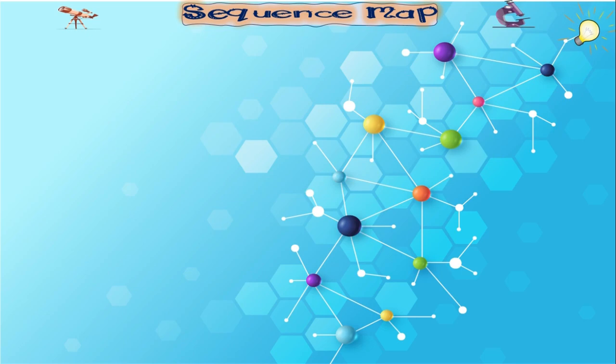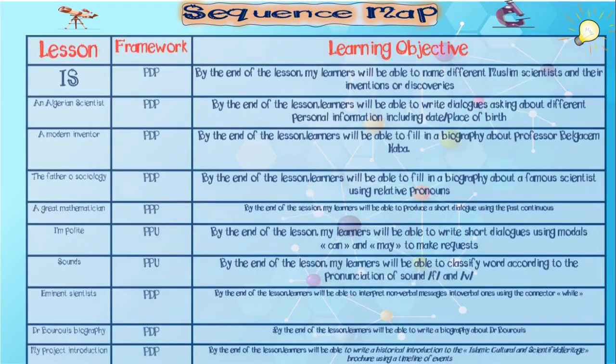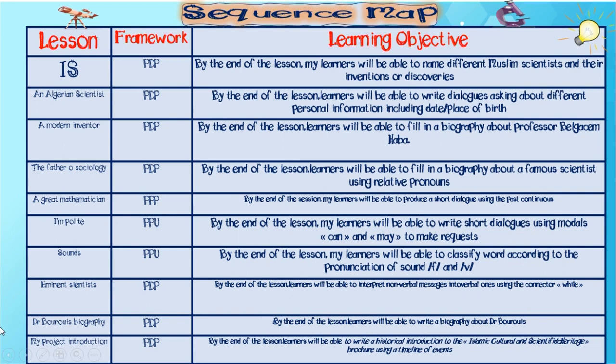Alright, we're going to start with the sequence map. As you can see here, we've got 10 lessons in this sequence. We have analyzed the course book and the yearly planning, and we have designed this sequence map, as I said before.